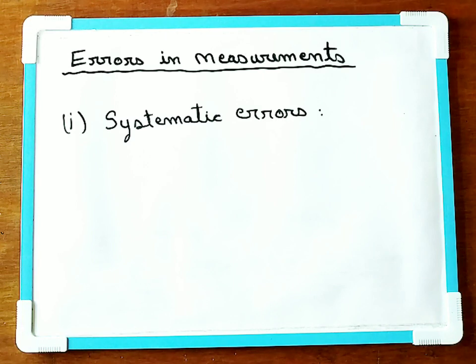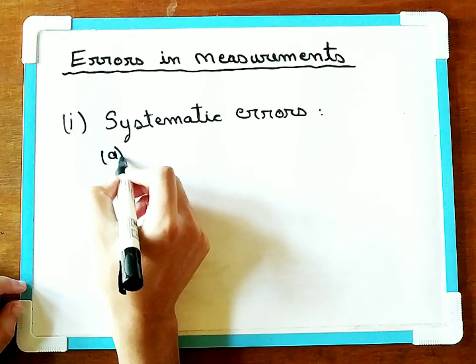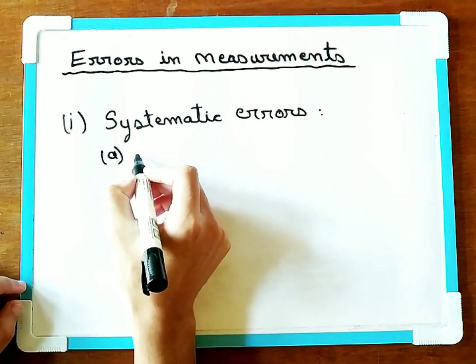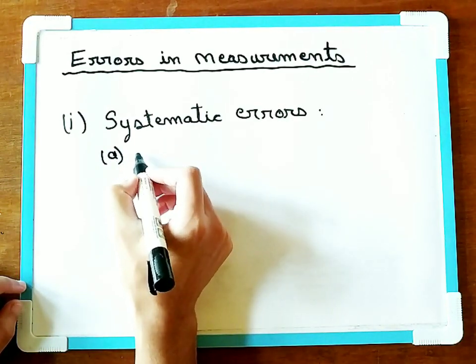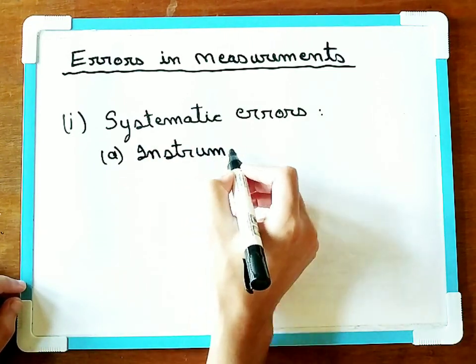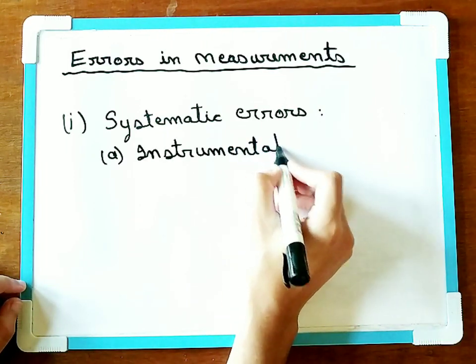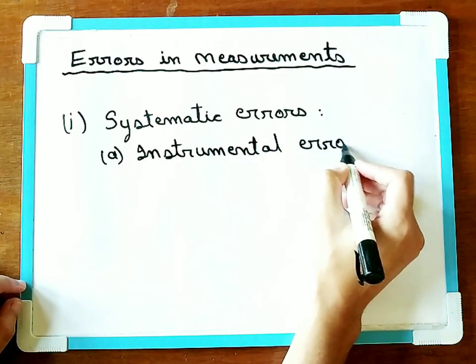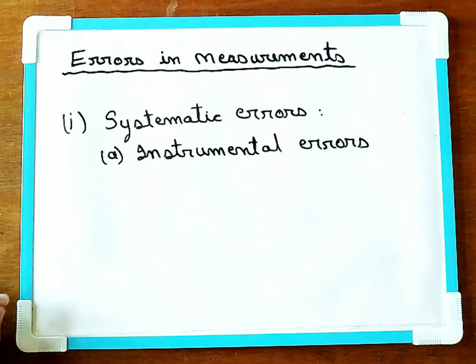Now, one of the sources of systematic errors is instrumental errors. Instrumental errors are errors which are there in any instrument, either due to manufacturing defects or due to improper calibration.